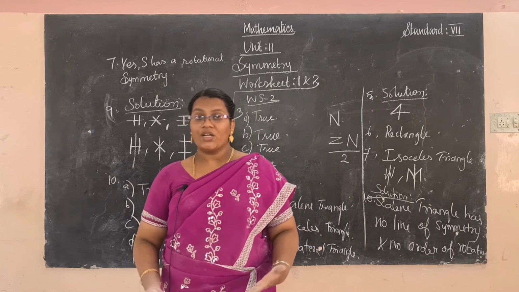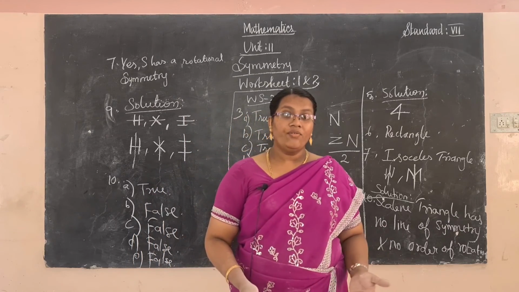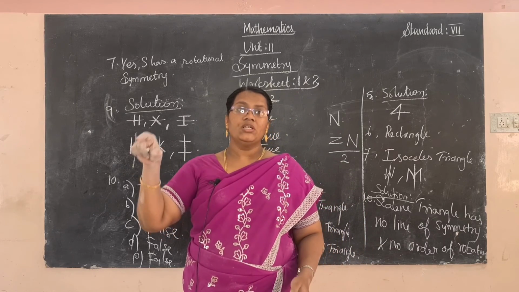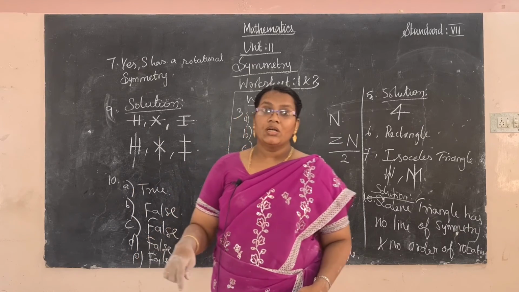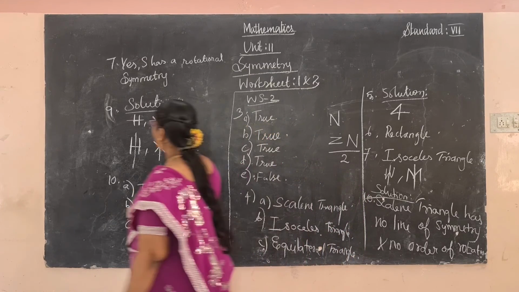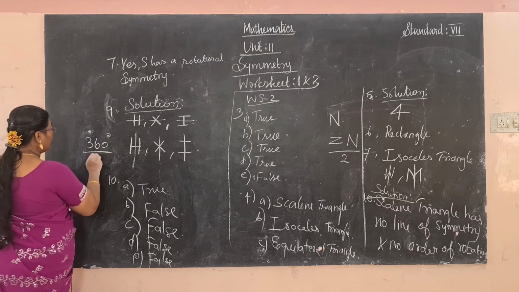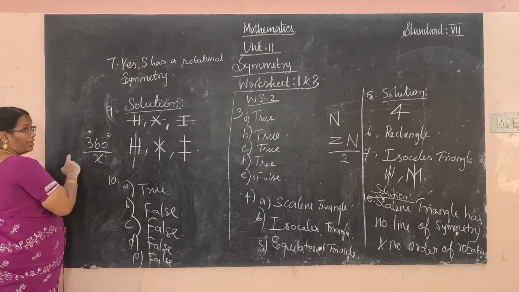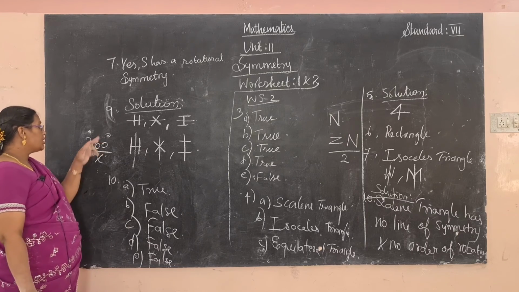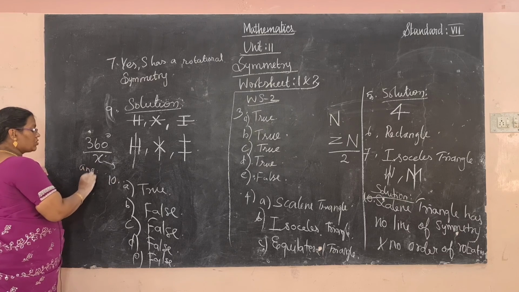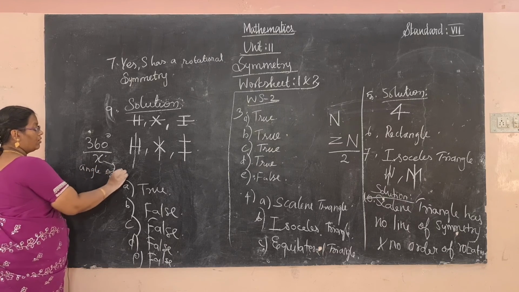And order of rotation means the number of times the object fits onto itself in a complete rotation. We calculate it using the formula 360 degrees by x, where x is called the angle of rotation.